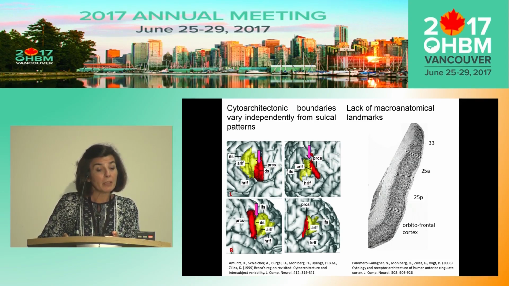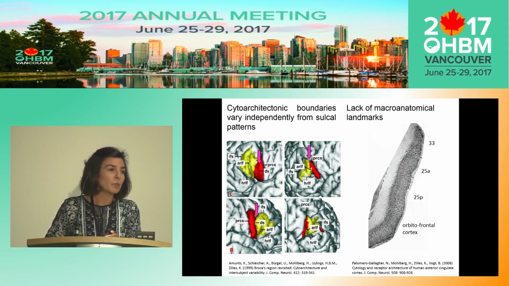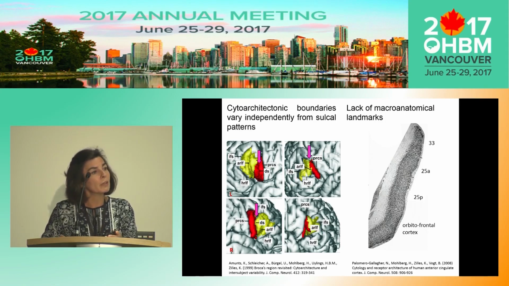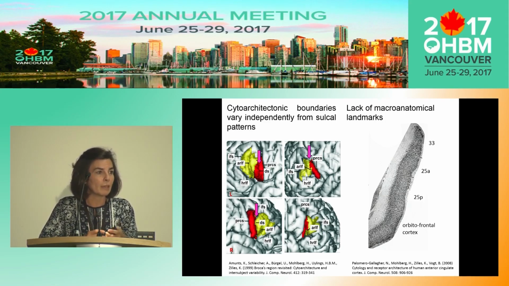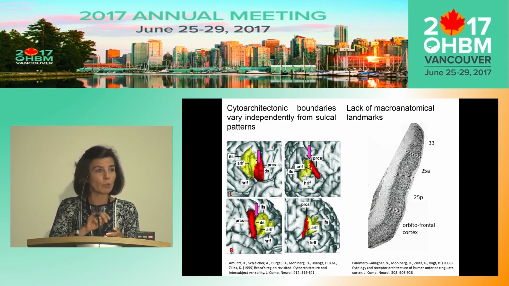In this example here, the diagonal sulcus is very helpful because it marks the position of the border between areas 44 and 45, as it does in this example here. But in this fourth hemisphere, variability is such that it actually does not have a diagonal sulcus. So if you're looking for your macroanatomical landmark to identify the microscopical border, you're lost here.